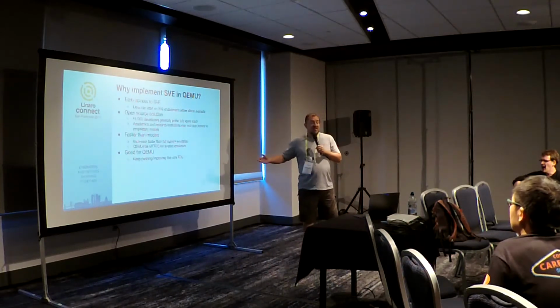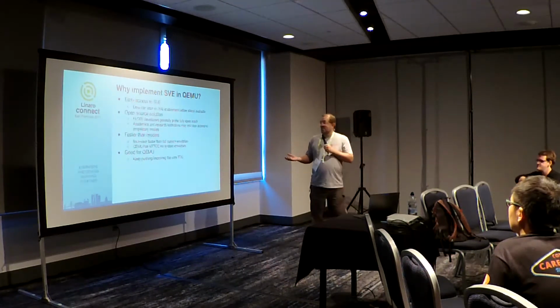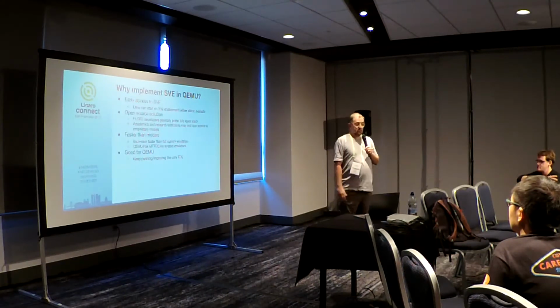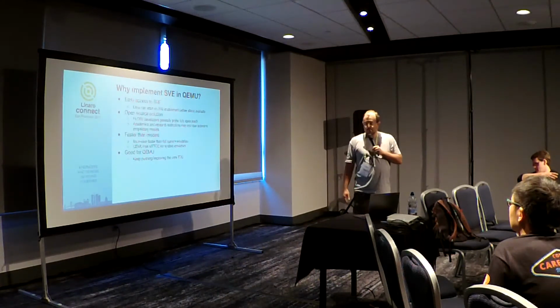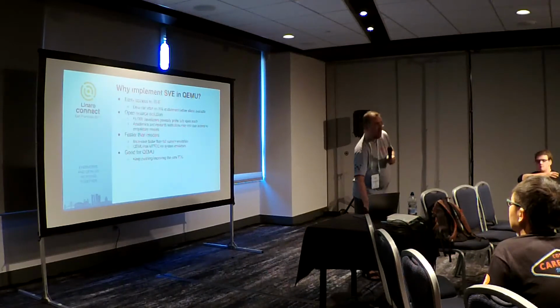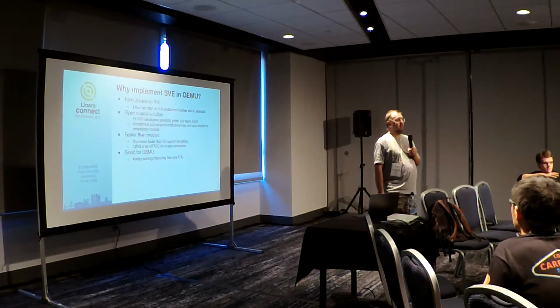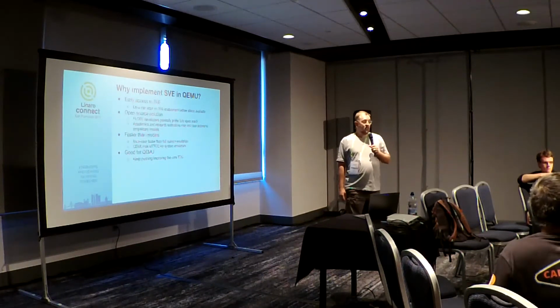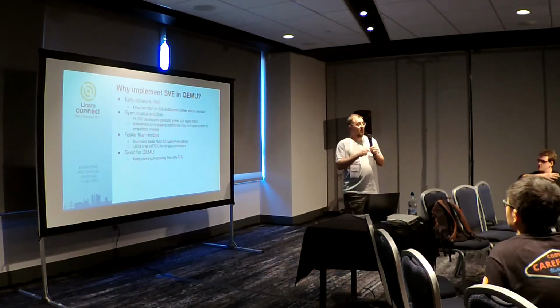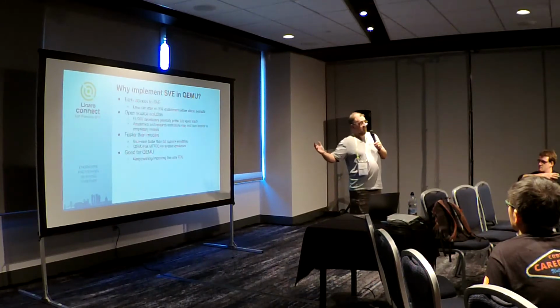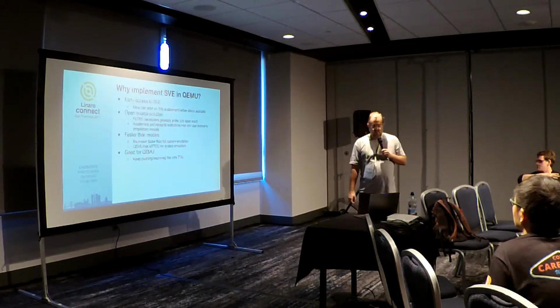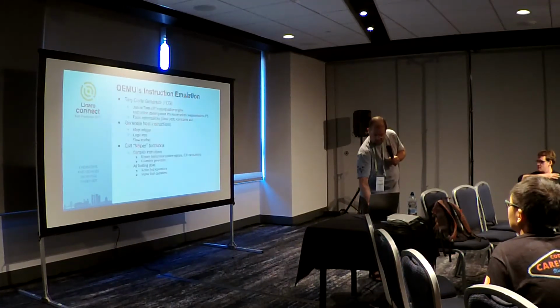And implementing SVE is good for QEMU. These are interesting instructions to implement, and it pushes us to keep improving the core code generation capabilities of QEMU. And it's good for testing out different vector widths, so you can make sure the code is going to be portable and work nicely later. What we will do in QEMU is we'll implement the maximum architectural vector length, but of course we will allow you to set the system registers to limit it.